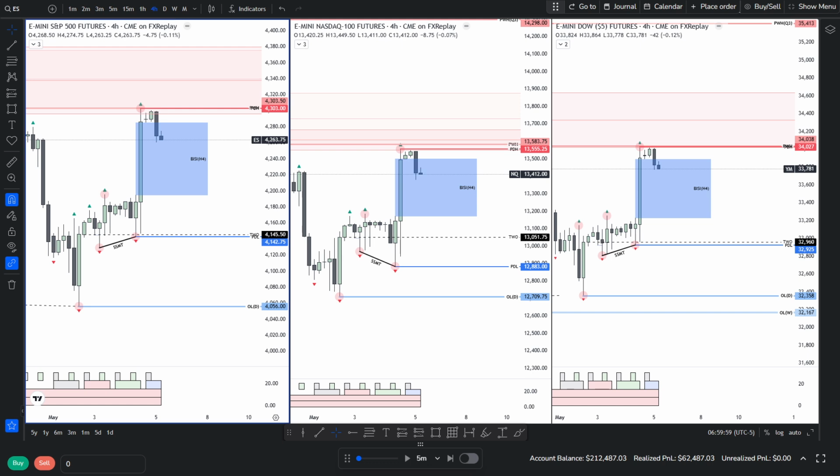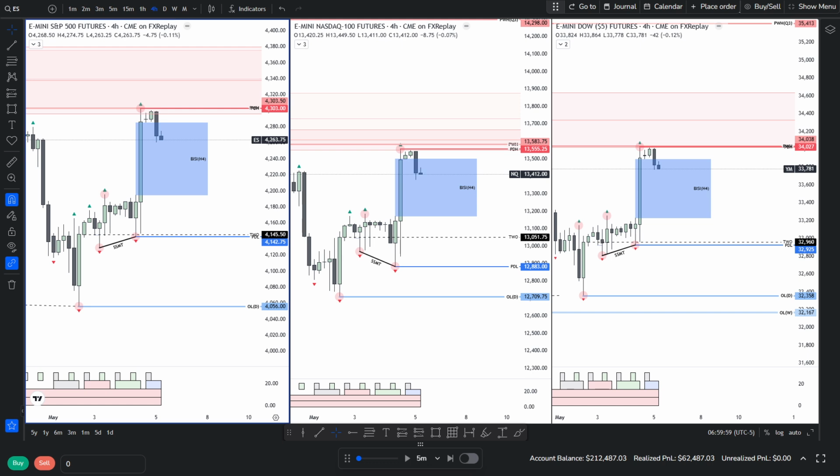Okay, but not necessarily suggesting that that could be the case, because we could potentially see higher prices. But yeah, we'll see what transpires.